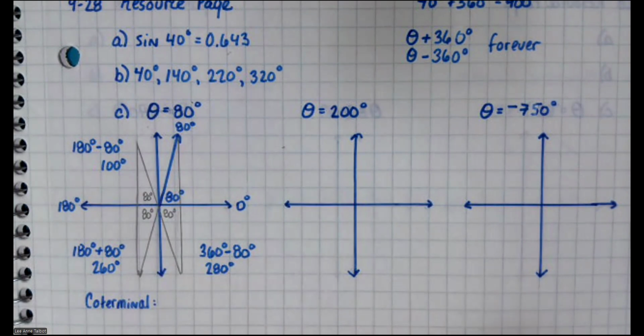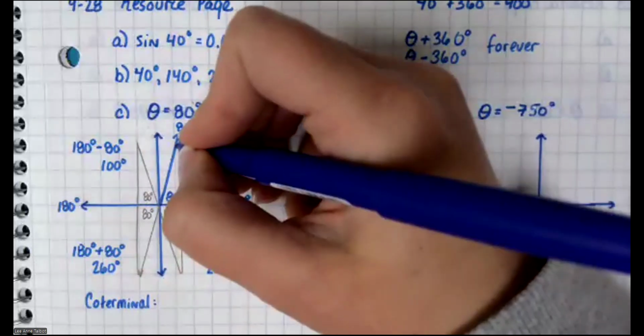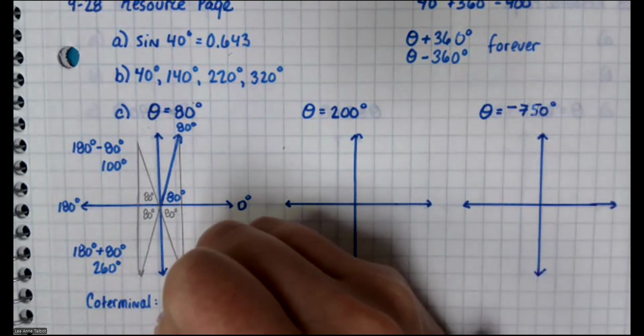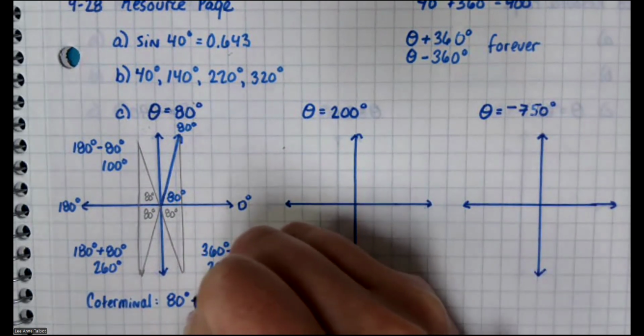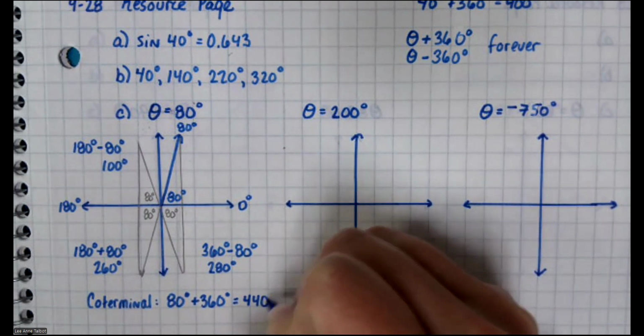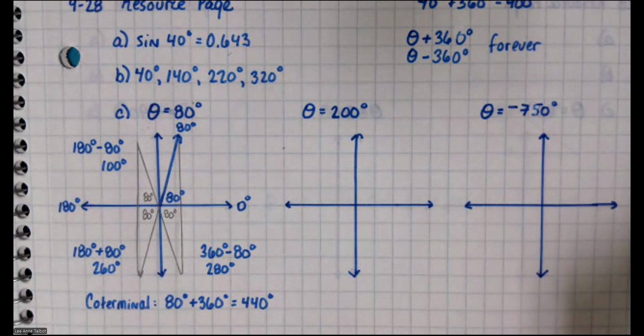Okay, a coterminal angle to 80 would be 80 plus 360, which is 440.